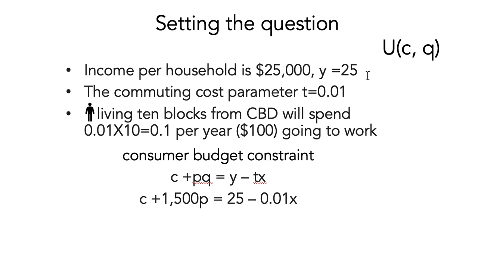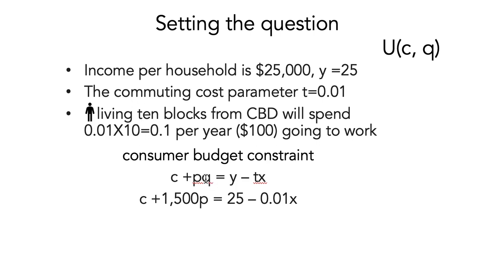Therefore, Y will be equal to 25, and Y will be the income. Let's suppose that the cost parameter of commuting is 0.01. If the person lives 10 blocks from the central business district, then they will spend 0.01 times 10 blocks equals 0.1 per year. And since we're talking about thousands, this means $100.